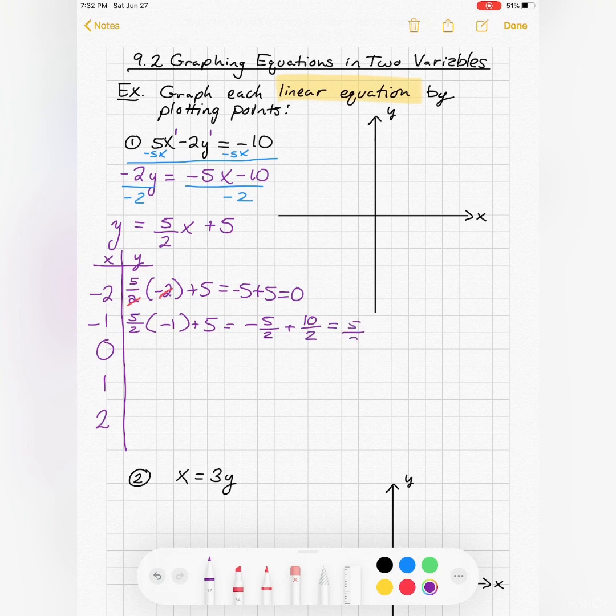So 5 over 2. Five halves times 1 plus 5. So again, I multiply by 2 over 2.